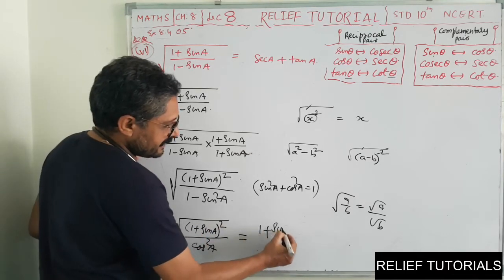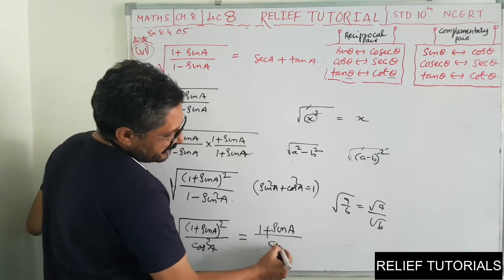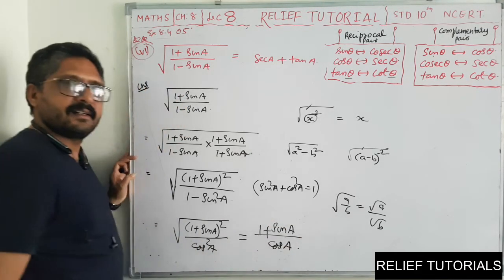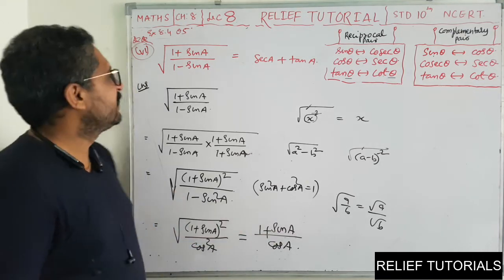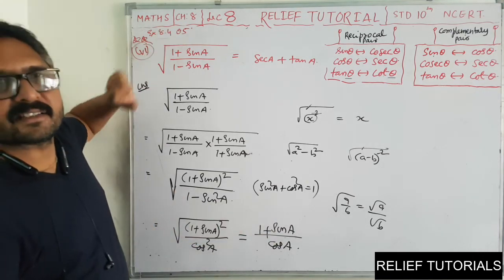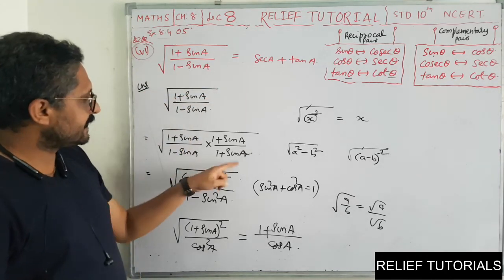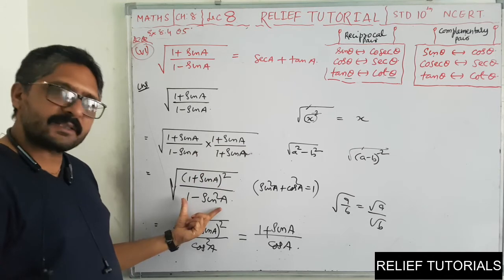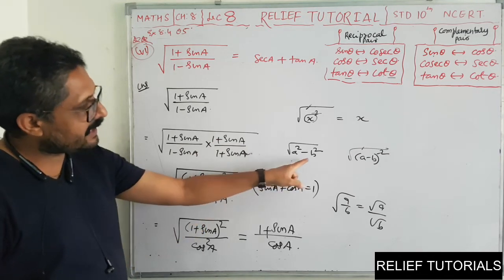So 1 plus sin a upon cos a. So in this way we have removed the root from our LHS. Why? Because there is no root here in LHS. Just by rationalizing the denominator, I got the square. Here there was a problem. Here I can't remove the root because it is a square minus b square.